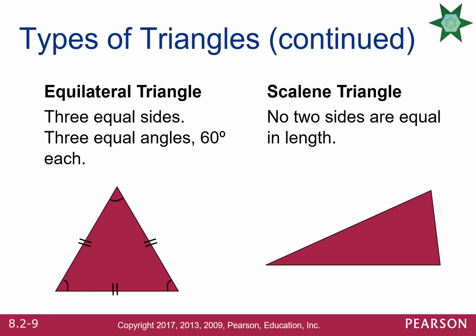The three angles in a triangle sum up to 180 degrees, and if all the angles are equal to each other, then you can equally divide 180 degrees by the three angles, and each angle will have a measure of 60 degrees. All right, so in an equilateral triangle, not only are all the sides equal to each other, but each angle measure is 60 degrees. They're all equal to each other.